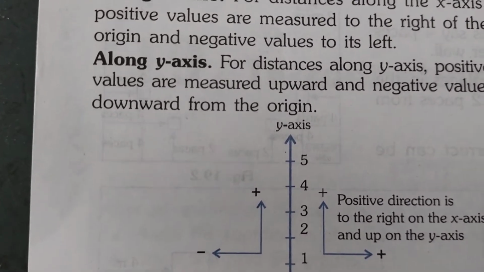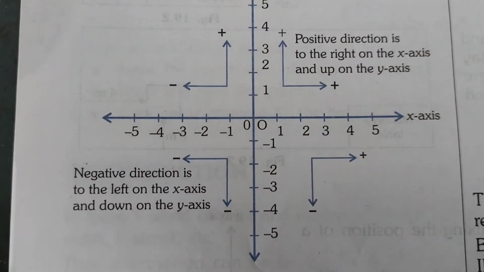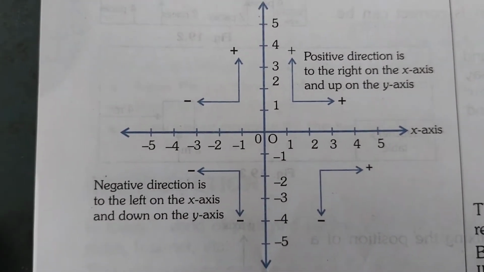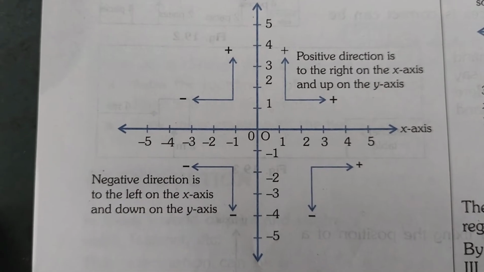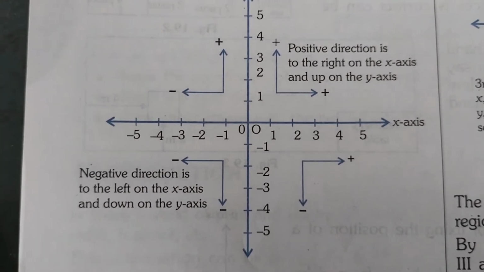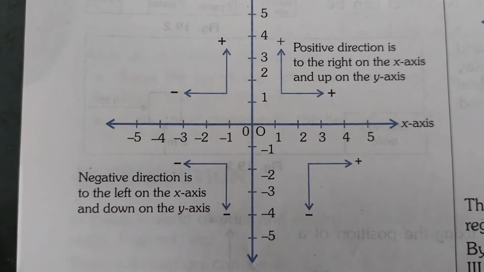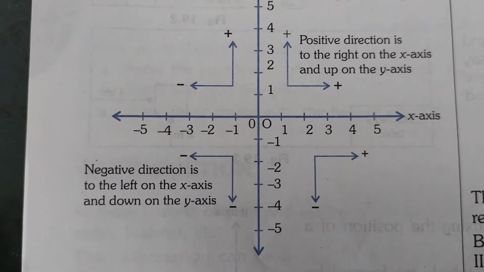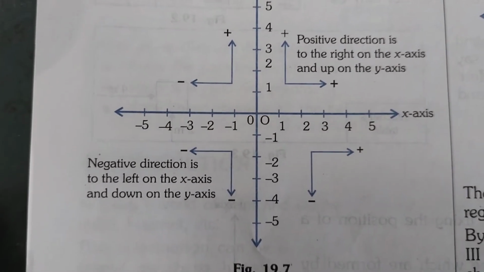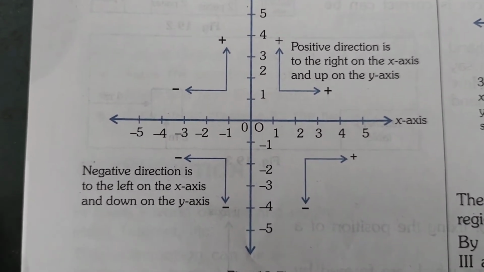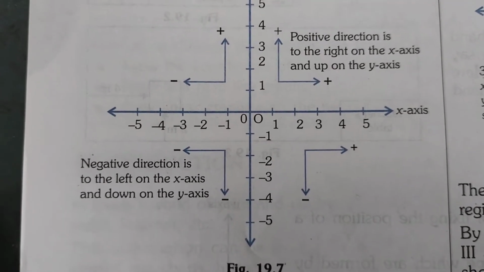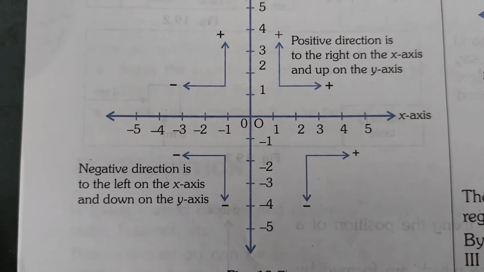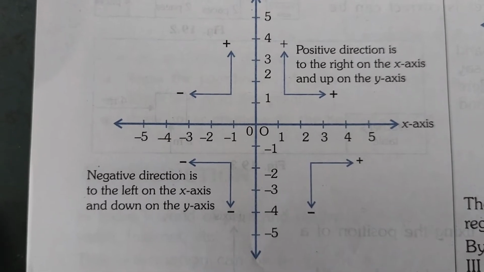You can see it clearly in the picture. The horizontal line is called the x-axis, the vertical line is called the y-axis. From the origin, the right side has positive values and the left side on the x-axis has negative values. From the origin, above on the y-axis, the upward direction is positive, and below the origin, downward, are negative values. You can observe.